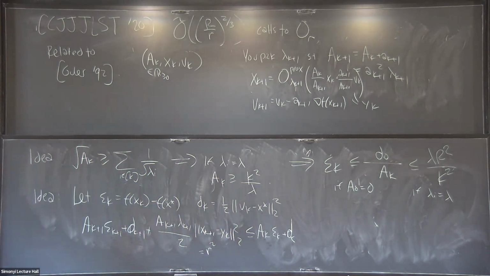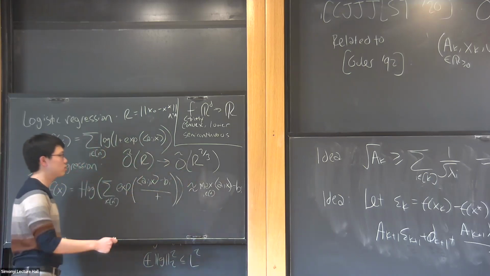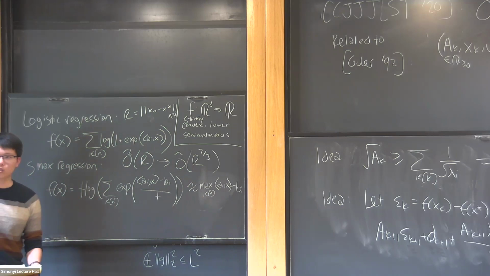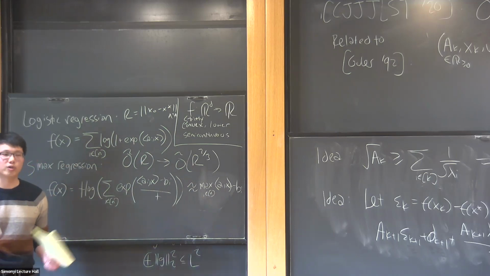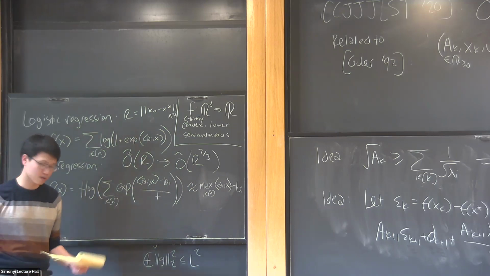Yeah, that's right. Cool. So as a punchline, if you let R be the distance in the A transpose A norm, you can improve this from O tilde R to O tilde R to the 2/3, where R hides things like the initial function value over the final accuracy you care about. But the point is, because it's exponential, you only get logarithmic dependence on this.